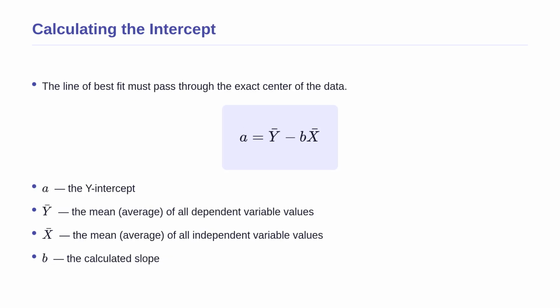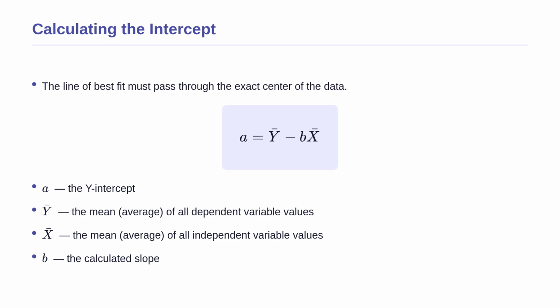Once we have calculated the slope, finding the starting point of our line is much easier. Because the line of best fit must always pass through the exact center of our data, we use the averages of our variables to find the y-intercept, A. In this formula, y bar represents the mean, or average, of all our dependent variable values.